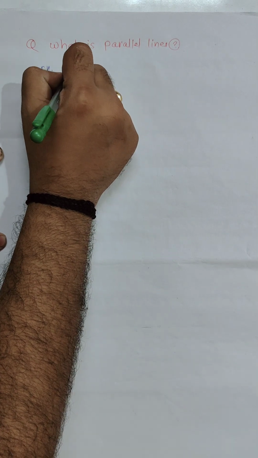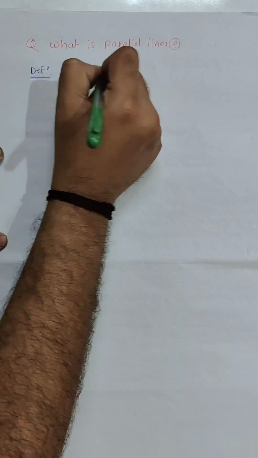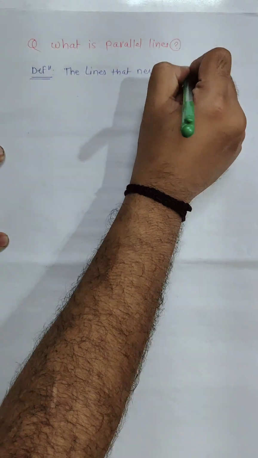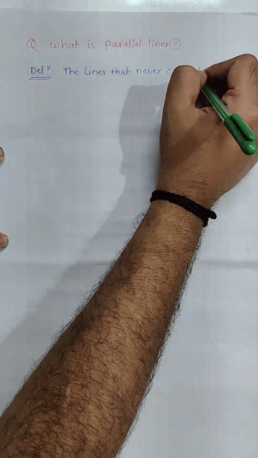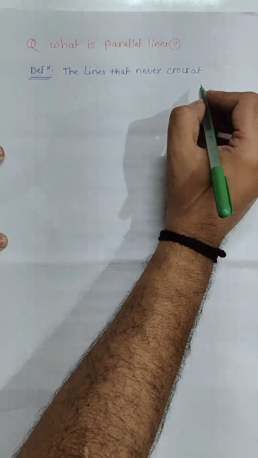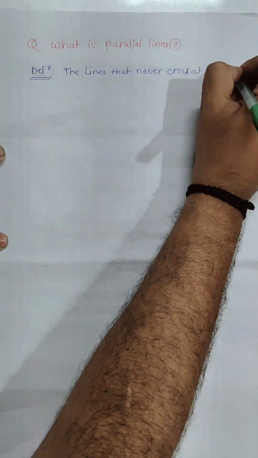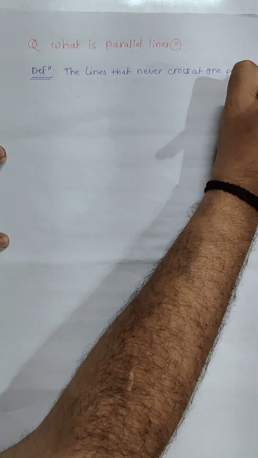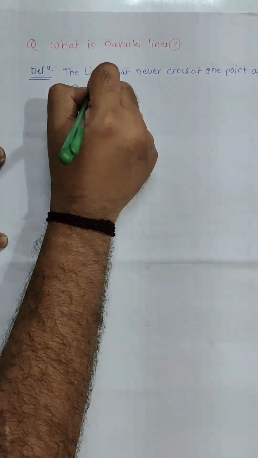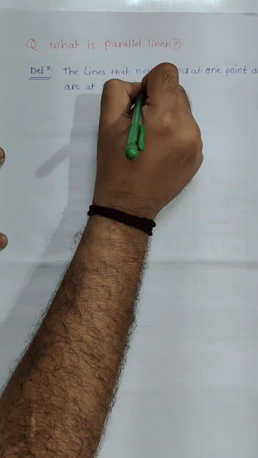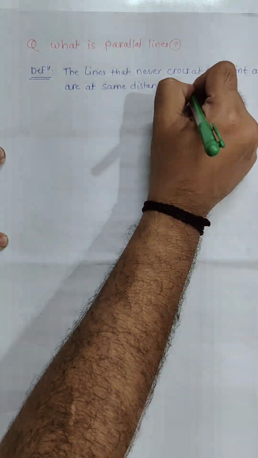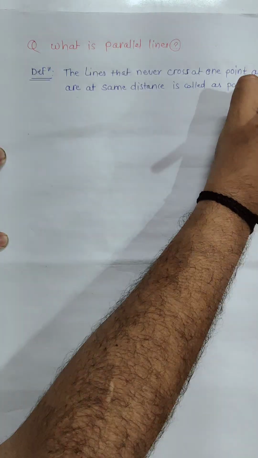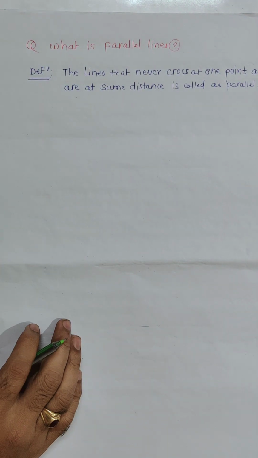The lines that never cross at one point and are at the same distance are called parallel lines. This is the definition of parallel line.